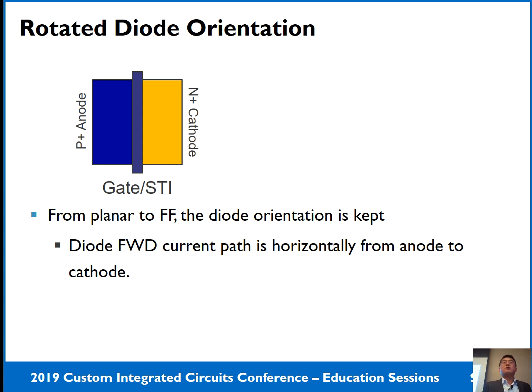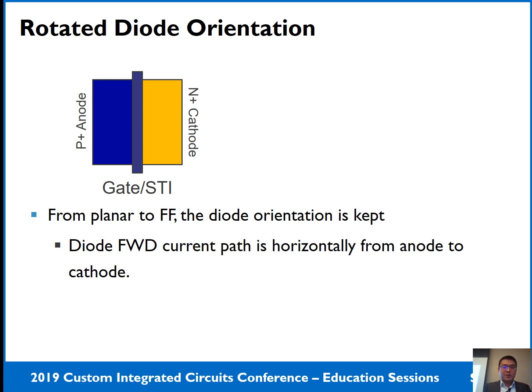This is only a layout solution. There is no additional process step or additional mask needed. Be careful: what I mentioned is a diode orientation rotation. It's not a fin orientation rotation. I will give you more detail.